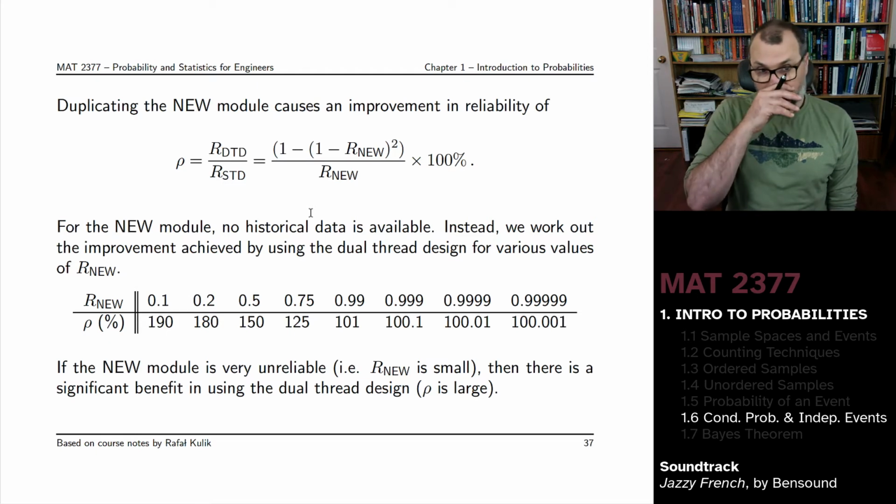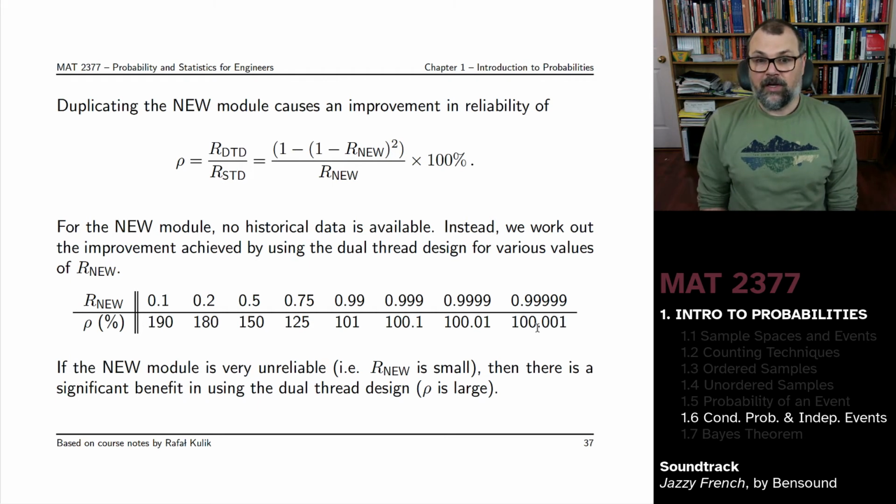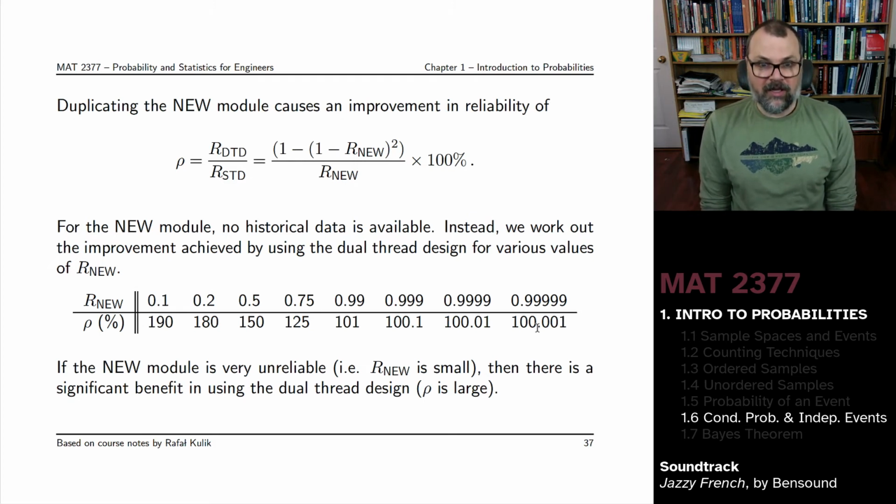And if the new component is very reliable, you don't have that much of an increase by going to the dual thread. So if you're not very sure about this new module, if it is unreliable, then there's a benefit in using the dual thread design. But you have to ask yourself why you would use a component whose reliability is not that great.